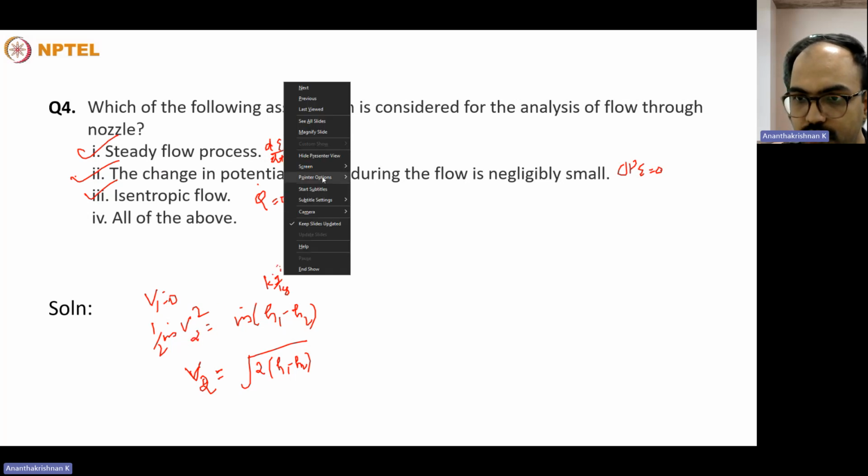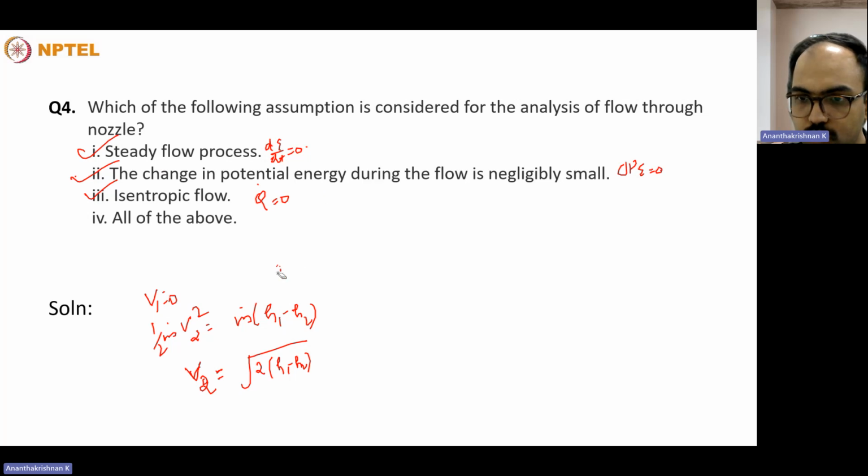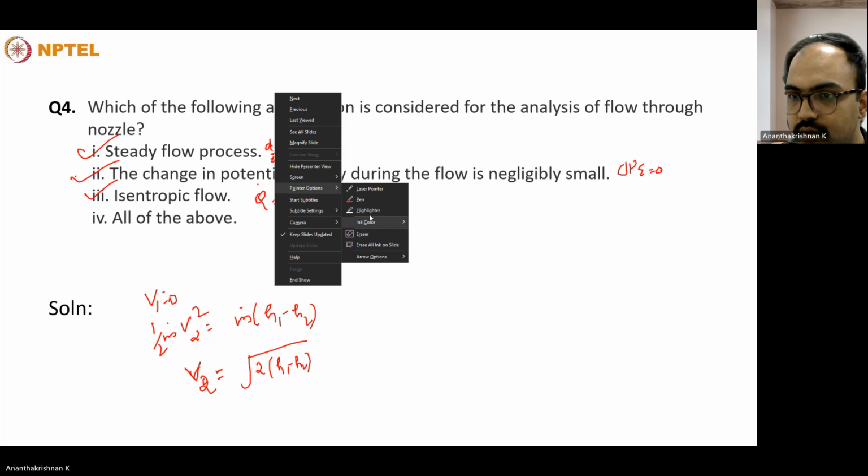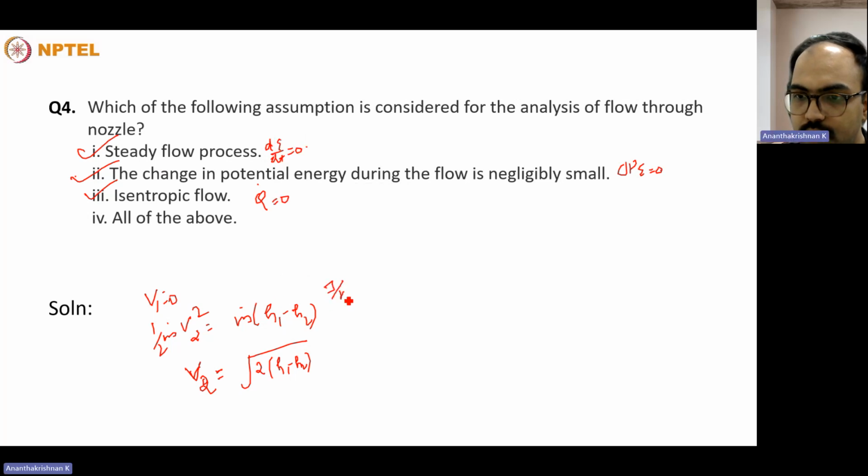So if you take the unit of this as joule per kilogram, this as joule per kilogram, this is kilogram per second, and V squared by 2 should also be joule per kilogram. Basically, it is meter squared per second squared. This is kilogram meter squared per second squared divided by kilogram. So you'll be getting the same.